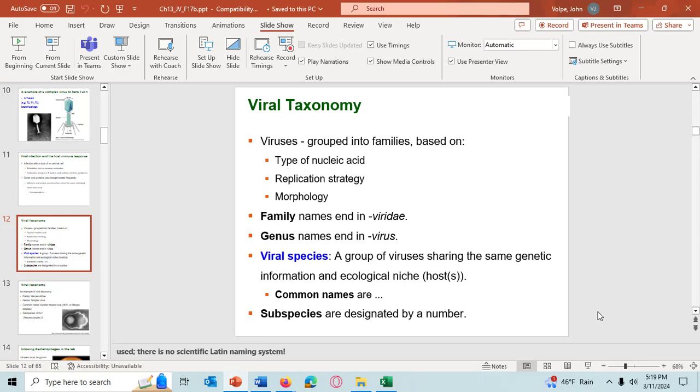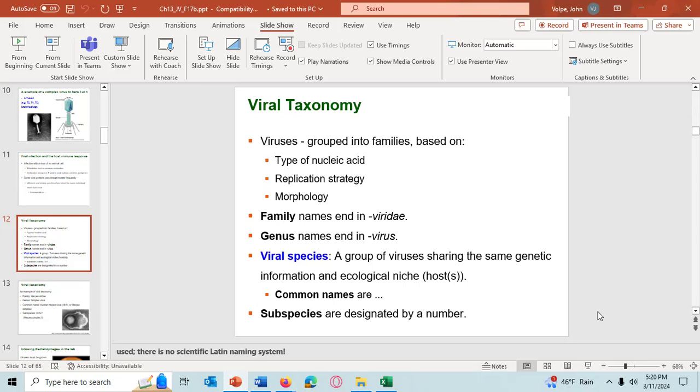With their small genome, we just don't know the evolutionary history of viruses. And so we don't group them anything much above an order. Any questions about any of that?